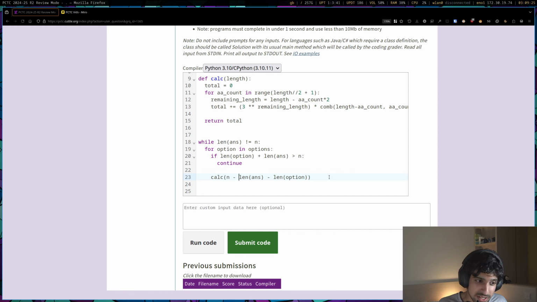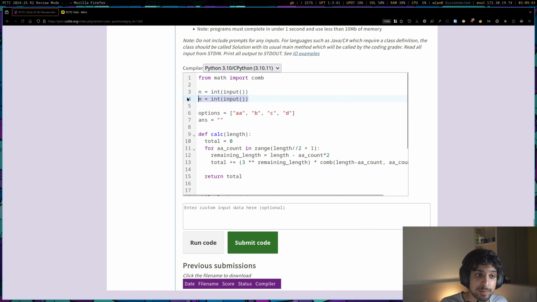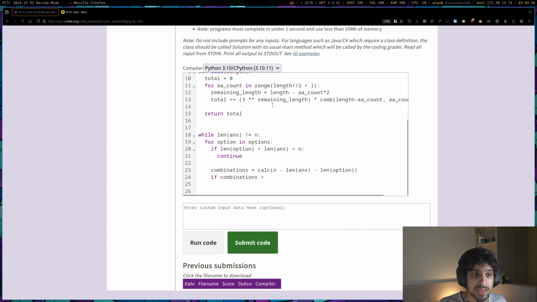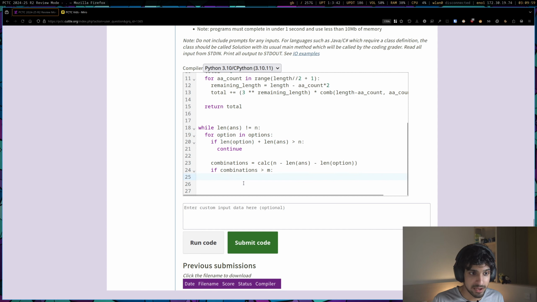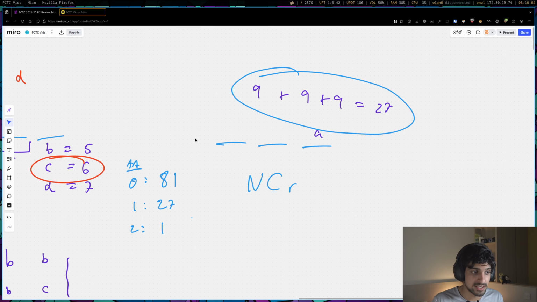And why do we care about that? We want to see how many options exist. So let's say there's 2 combinations. We would basically want to say, if combinations is bigger than m, remember m represents the mth thing that we want in an ordered alphabetical list, then we know that the option that we have chosen up here on line 19 is the correct option, because it will contain the mth thing, as we discussed at the beginning.